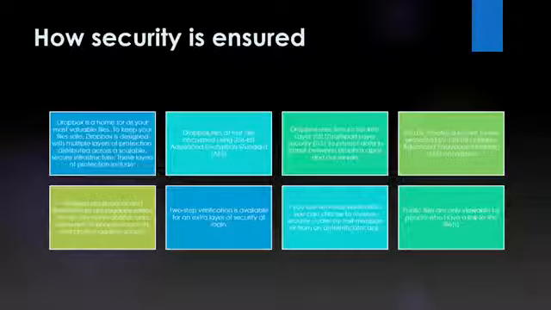Now I will talk about security. How security is ensured. Dropbox is a home for all your most valuable files. To keep your files safe, Dropbox is designed with multiple layers of protection distributed across a scalable, secure infrastructure.